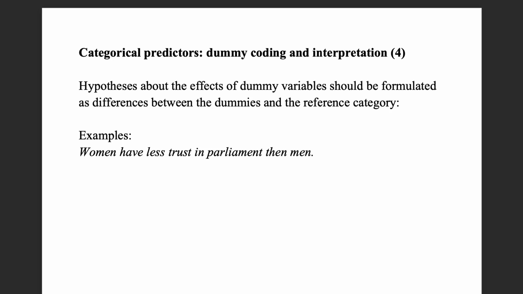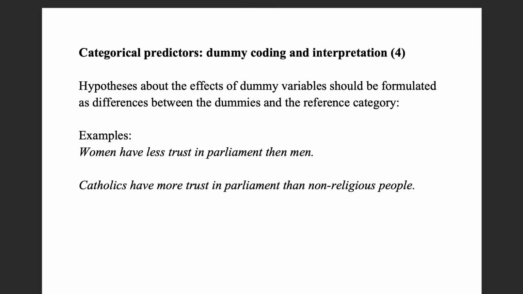And given that we've picked men for our dummy coding as the reference category and created a dummy variable for female, for women, then our hypothesis would need to make clear what difference we are expecting. So in this case, we would say women have less trust in parliament than men, because men in this case act as the reference category. If I would have picked women as the reference category, it would have been the other way around, and we would have to say men have more trust in parliament than women, assuming the same theory.